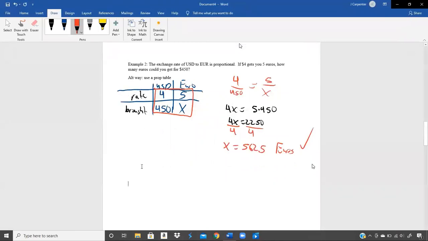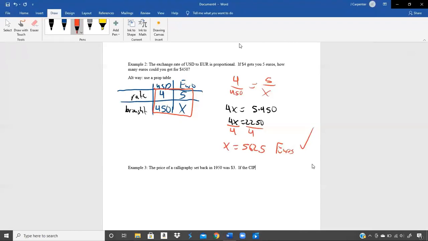In fact, for our example 3, probably the last one we do today, the price of a calligraphy set back in 1950 was $3.